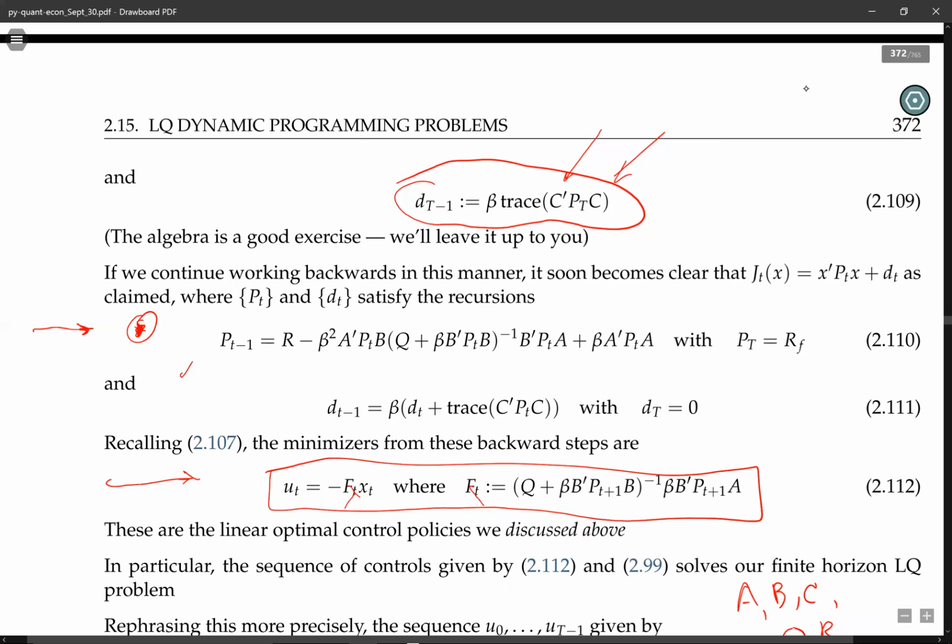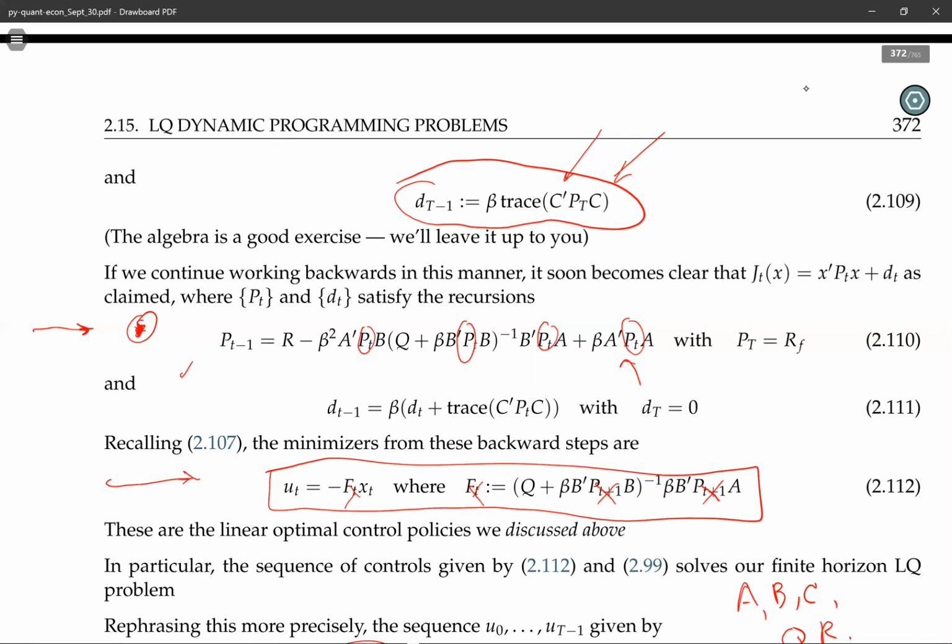If I could erase this t. Well, I can only erase this t if I can erase this t. How could I erase this t? Well, that has to satisfy this equation for all t. Well, wouldn't it be great if the P's actually turned out all to be the same? Well, how could that ever be?